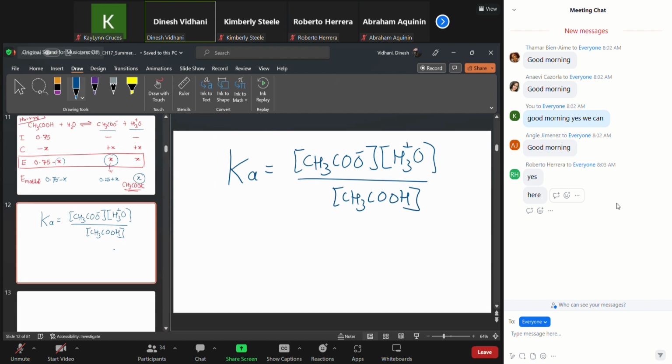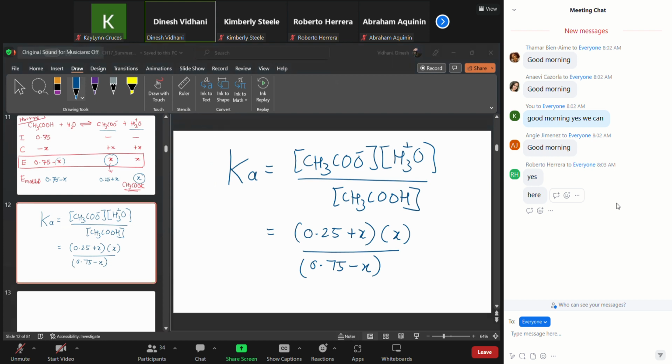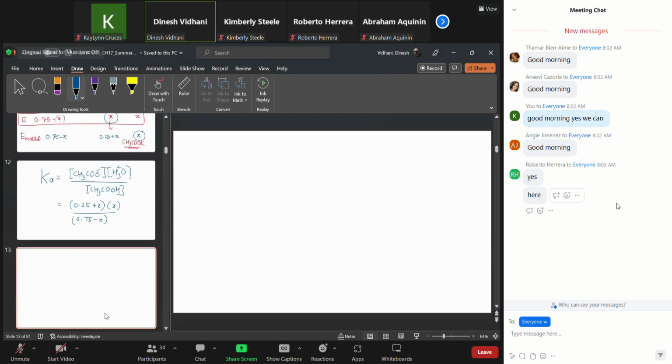Now, if I simply plug in the values I have, 0.25 plus X for acetate ions, the hydronium ion did not change, divided by 0.75 minus X. So far, so good. Yes. Okay.